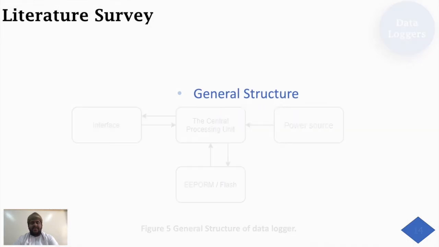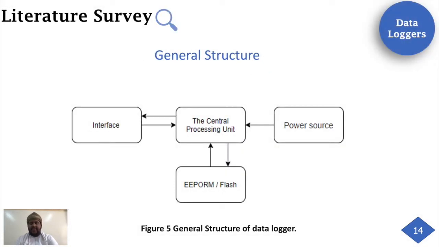The general structure of any data logger is the following. The power source is supplying the CPU with needed power, and through interfaces it is collecting the data and storing them in local flash memory or EEPROM or even hard disk.